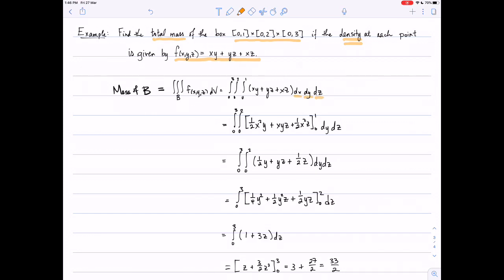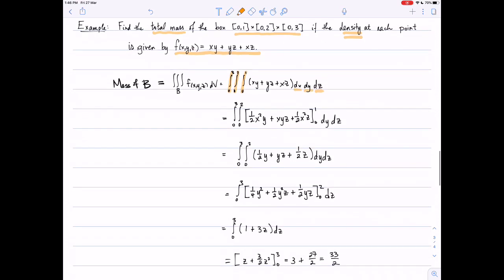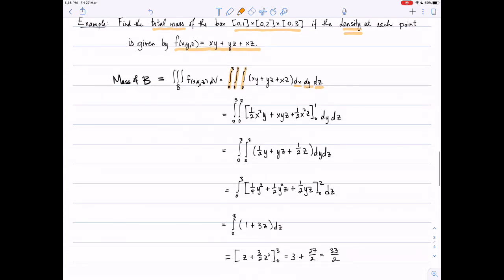So that means the intervals of the box must match. The inner integral dx from 0 to 1, the middle integral y from 0 to 2, and the outer integral z from 0 to 3. So we go ahead and integrate with respect to x first. We're looking for an antiderivative with respect to x.